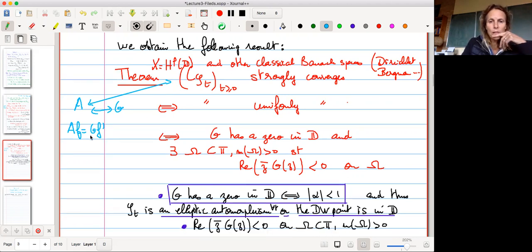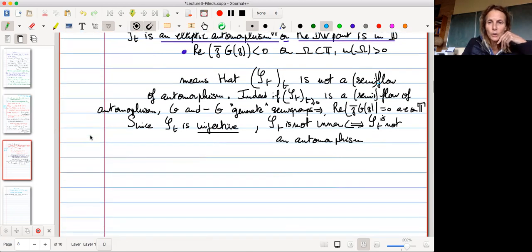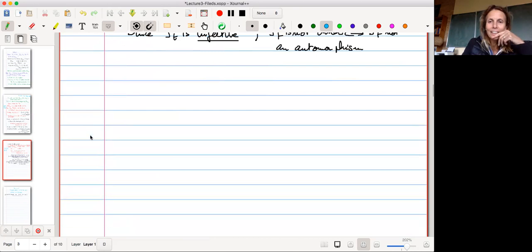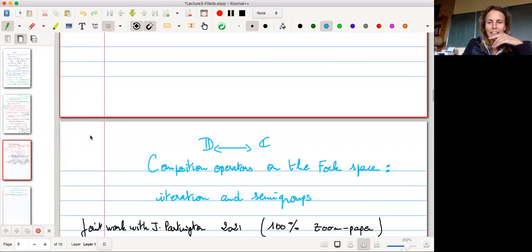And now I will go slower. I wanted to be absolutely sure to have finished this part. So now I will leave the case of the open unit disk to study what happens for the asymptotic behavior of composition operators, but on other domains.